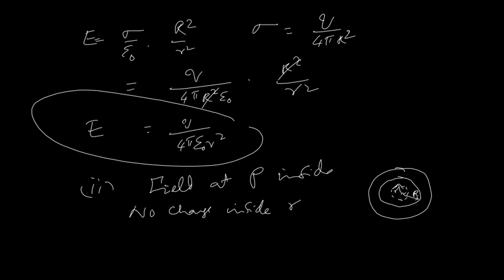Therefore, E into 4 pi r squared is 0, as there is no charge. Therefore, E is equal to 0. That means inside the field is 0. That's all we'll be writing.